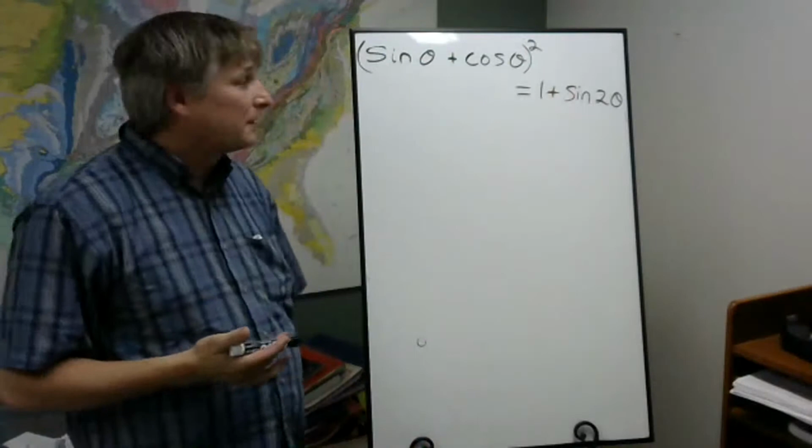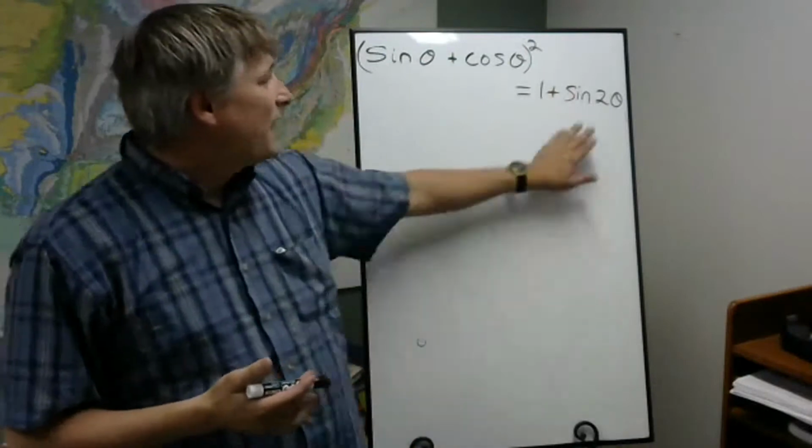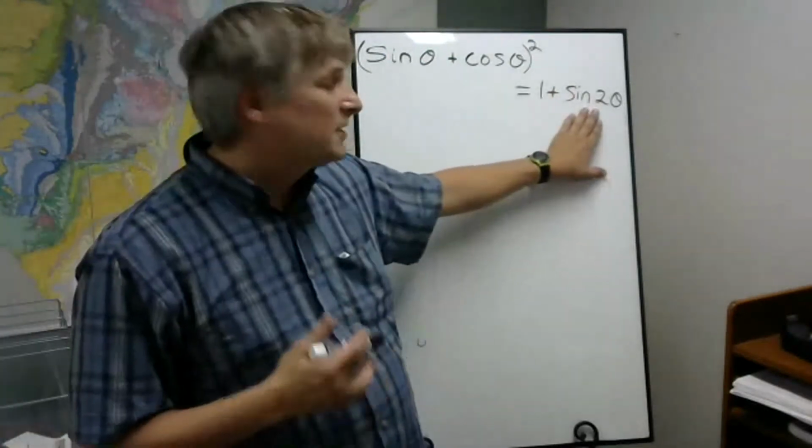So let's say we're going to do something like this. We've got a sine of 2 theta. This we can break up.